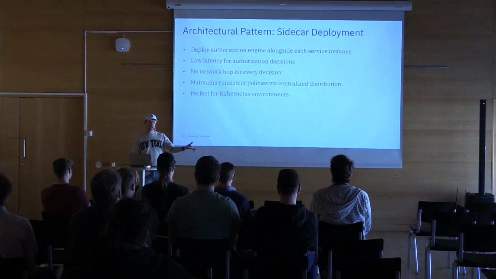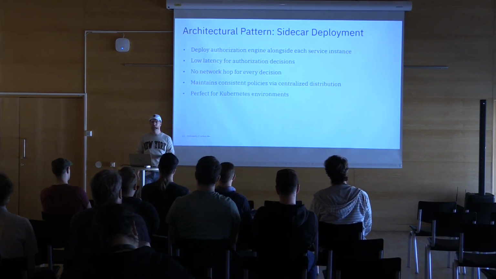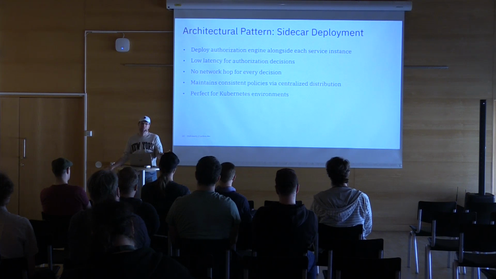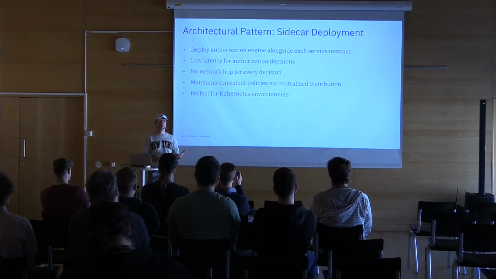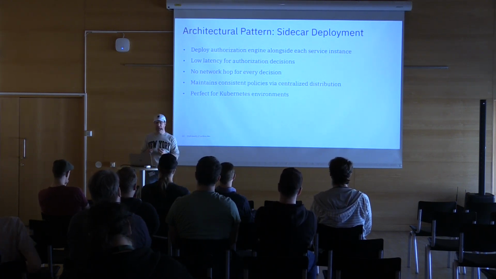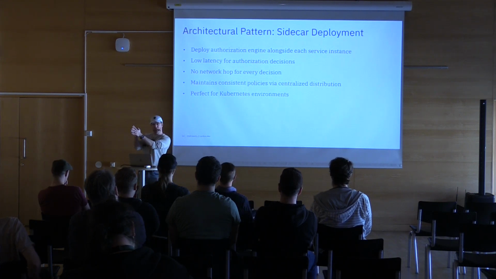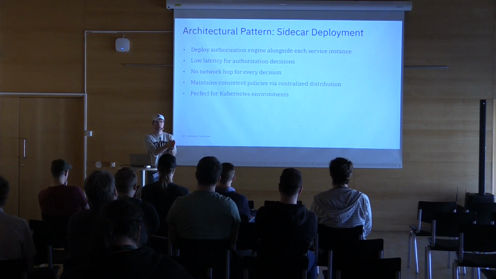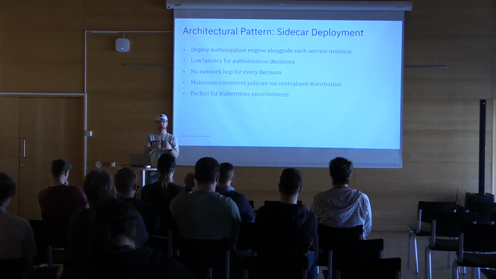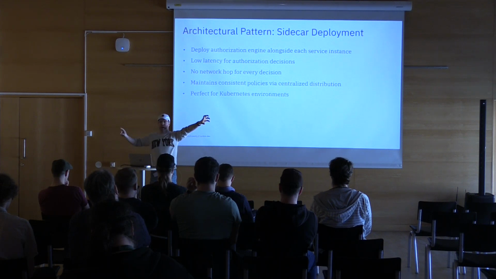And so I also want to mention sidecar deployment as a model. If you happen to be using Kubernetes, but this also applies to other types of models in principle, which is the idea of taking that service, whatever service is making those authorization checks, and putting it as close to your application as possible. So you want to avoid a situation where you've got your authorization service sitting off in some data center somewhere, and then you've got your applications sitting off on the other side of the world making checks to it.